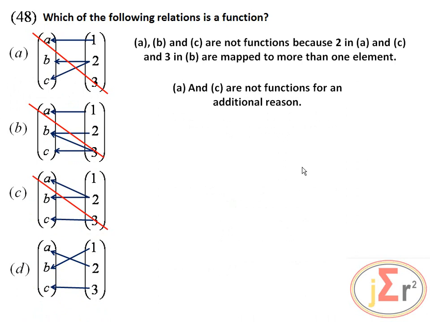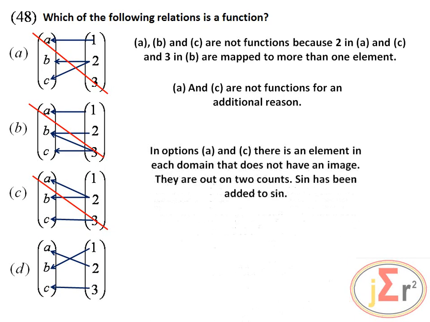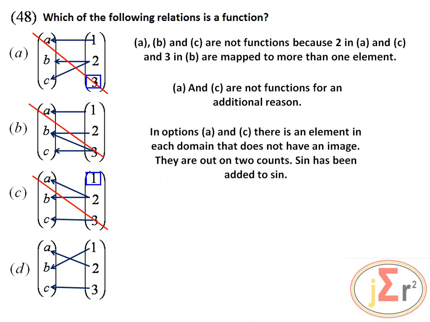A and C are not functions for an additional reason. What is that reason? In options A and C, there is an element in each domain that does not have an image. They are out on 2 occasions. So, C and A are out on 2 counts because we have elements that are not mapped and we have a single element that is mapped to 2 others.